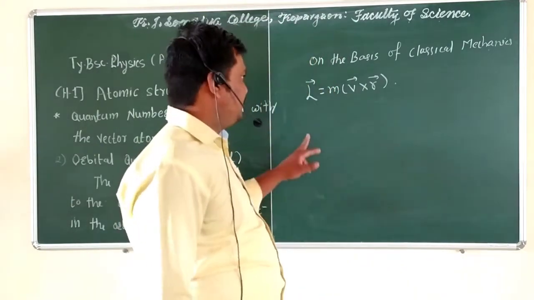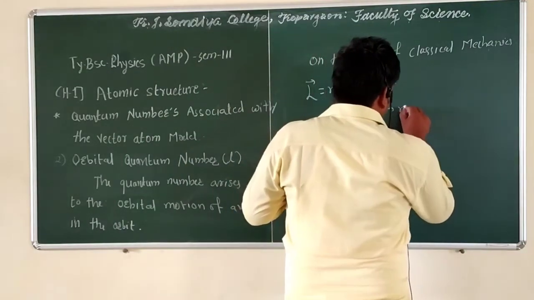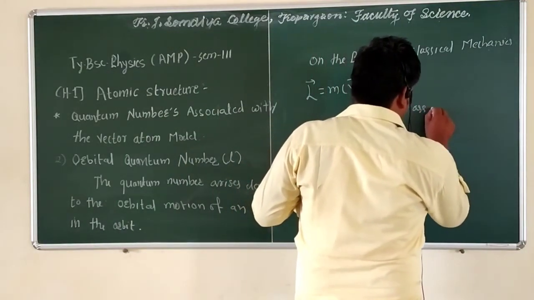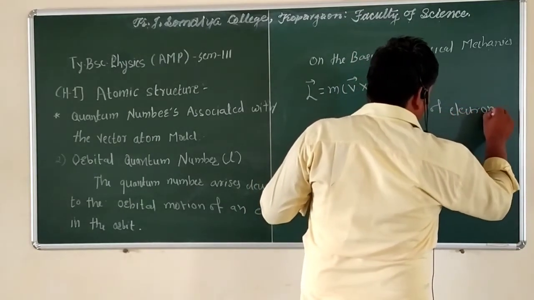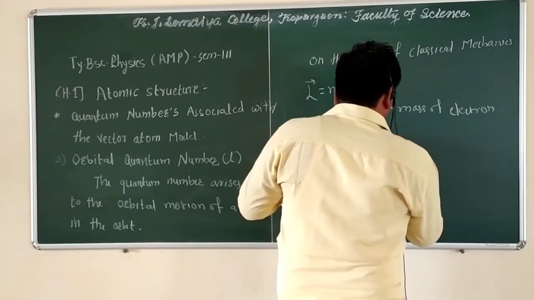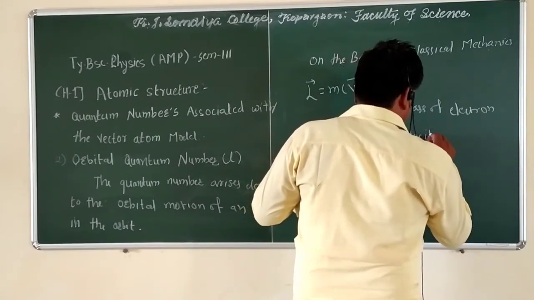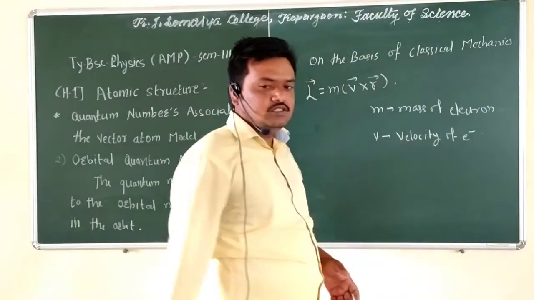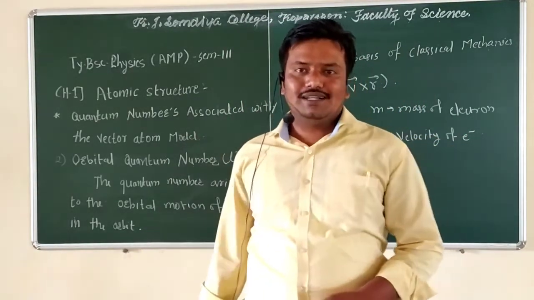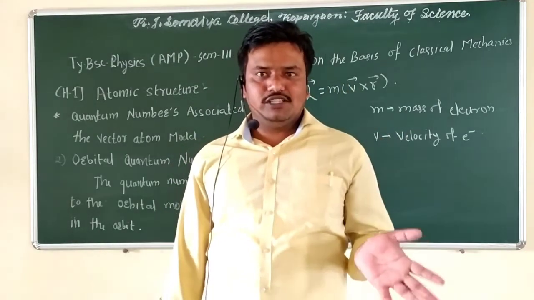So according to classical mechanics, angular momentum is given by L bar is equal to m v cross r bar, where m is the mass of the electron and v is the velocity of the electron.